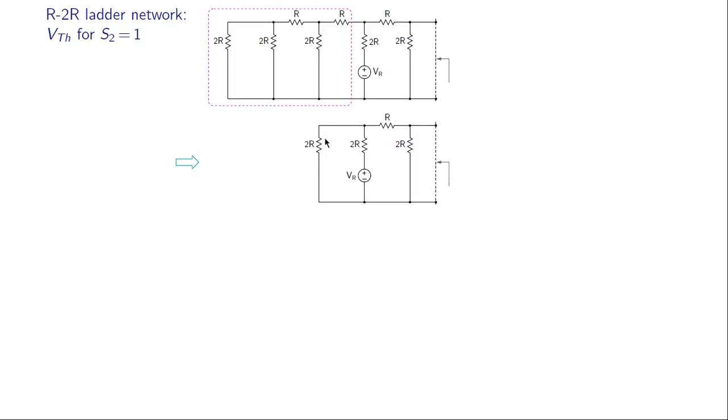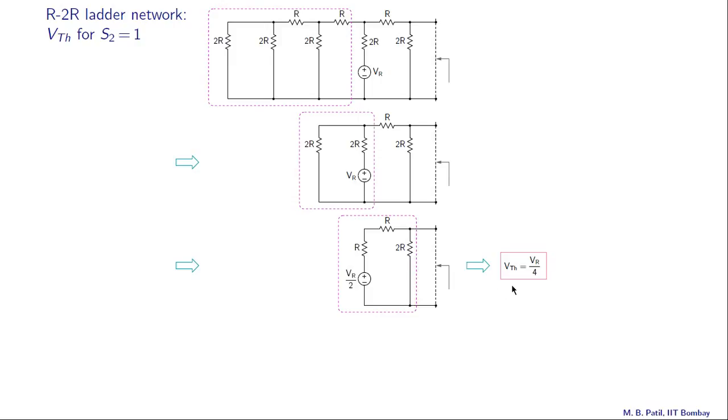And now we can replace this network with RTH equal to R and VTH equal to VR by 2. And finally, we can replace this network by RTH equal to R and VTH equal to half of this, that is VR by 4. So that is our VTH as seen from there.